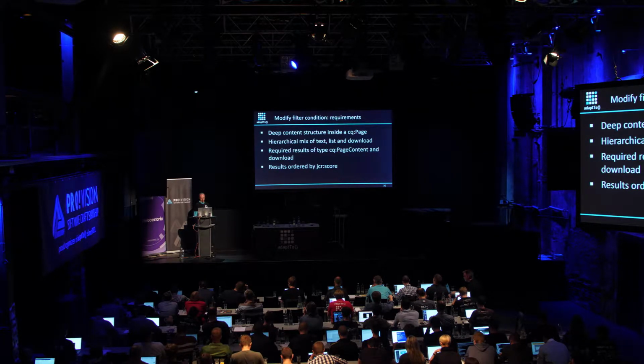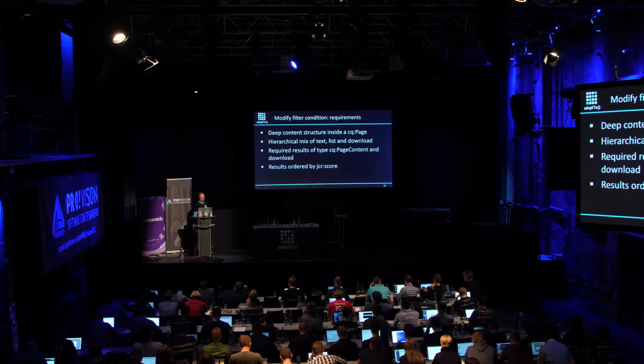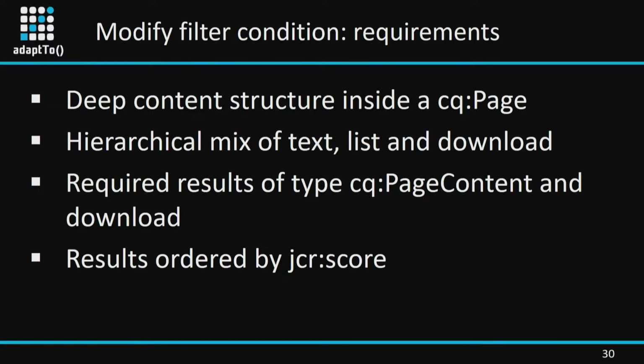That means a very hierarchical mix of text and lists and download nodes. And the required result types for a search were only the CQ page content nodes and the download nodes. And the result ordered by JCR score.